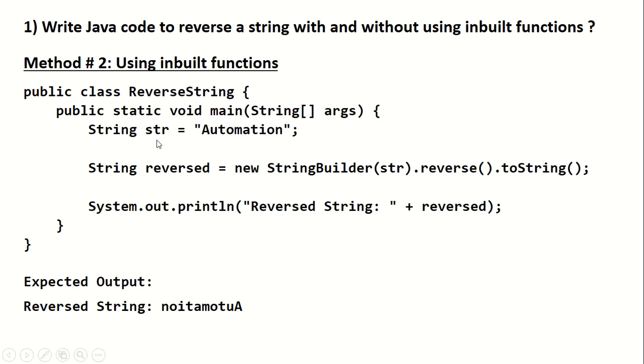You can see the line by line proper Java statements. You can easily write this program and it gives the same output. Reverse is a method and toString is also a method. So you are reversing and also converting that to a string, storing it in a string variable and printing that.